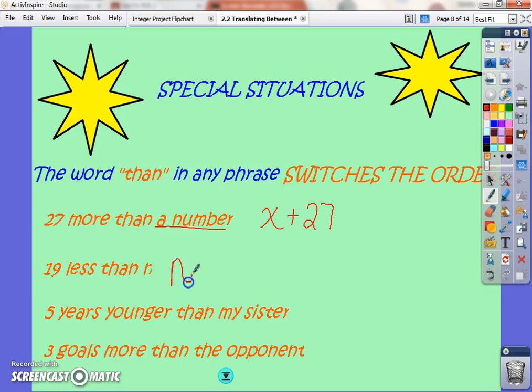Well, you have some number n, and we have 19 less than that, so we have to take away 19. 5 years younger than my sister: whatever my sister's age is, I am 5 years younger than her. And 3 goals more than the opponent: whatever the opponent got, we got 3 goals more. Actually, I don't like O as a variable because it looks like 0, so let's say x, we got 3 goals more. Okay, good.